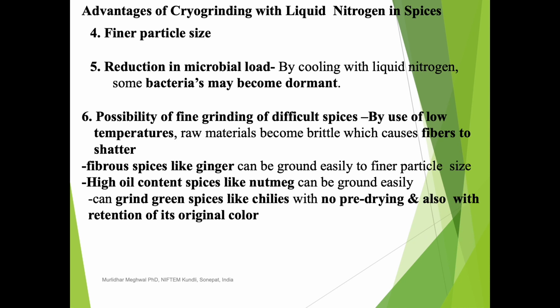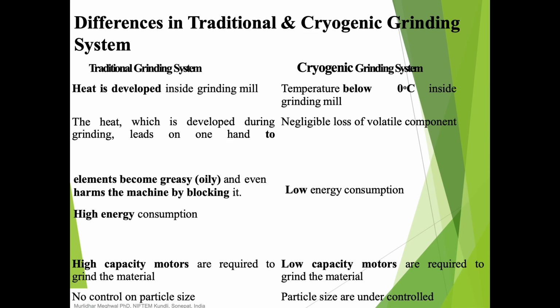It's basically energy saving. We get finer particle size and a reduction in microbial load, because we operate at low temperature and some of the dormant microbes will be destroyed. Then there is the possibility of fine grinding of difficult spices, particularly those which have a lot of oil like ajwain and fenugreek. Those kinds of spices we can easily grind here.